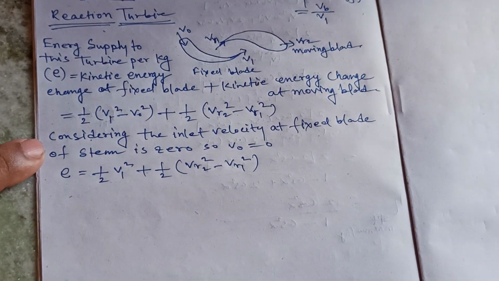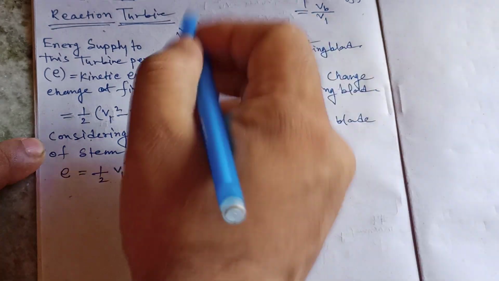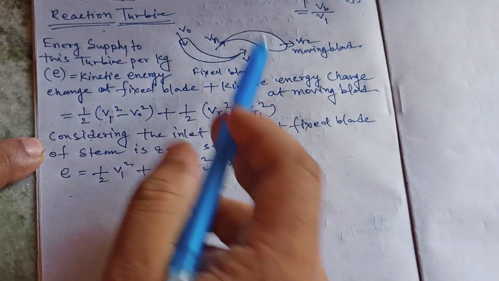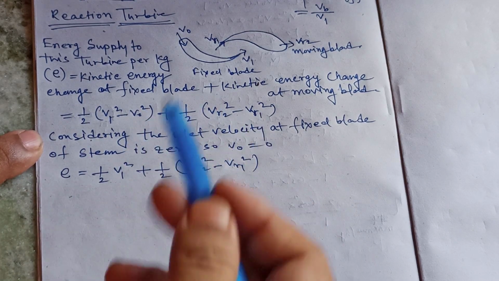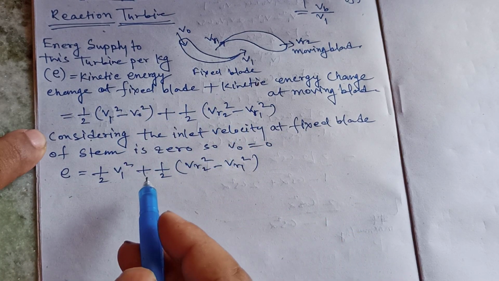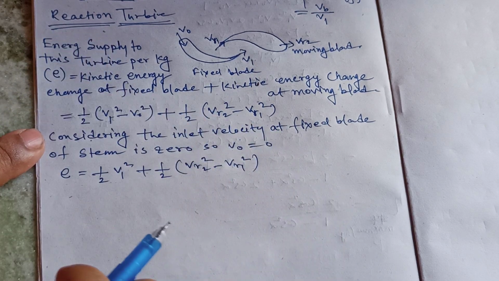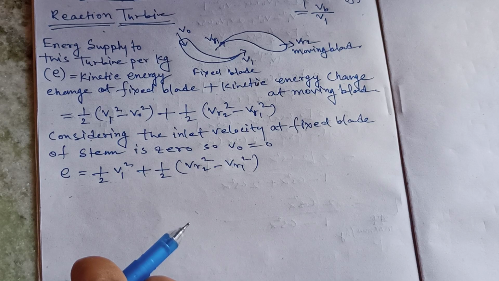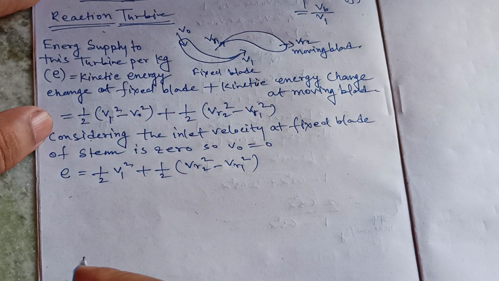And we have to consider the Parson reaction turbine, this turbine. Otherwise this value of efficiency may not be maximized. The efficiency should be maximum for Parson reaction turbine. So what is Parson reaction turbine?